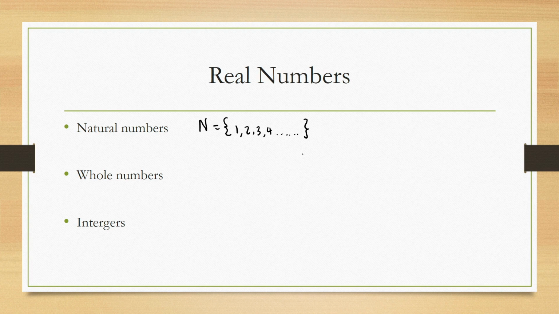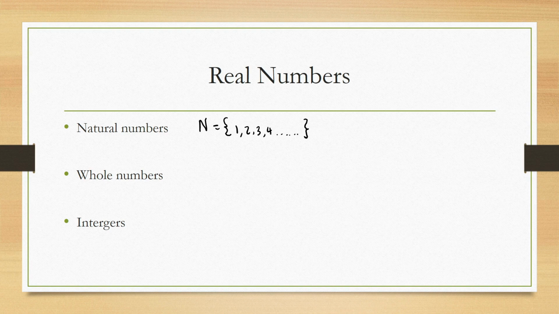I think the second type of numbers which we introduced to you are numbers that we call whole numbers. After you're introduced to your natural numbers, the next set of numbers is whole numbers. So what are whole numbers? Whole numbers are your natural numbers but starting from 0.